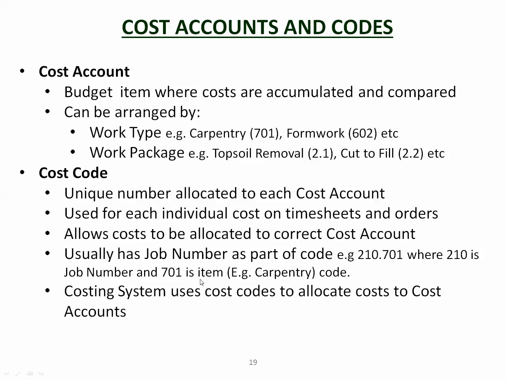And once again, the person back at the office can type that in, and that is allocated to that particular cost account, which is the carpentry on that particular project, not the carpentry on another project, the carpentry on your project.